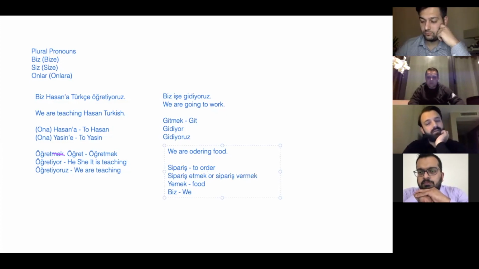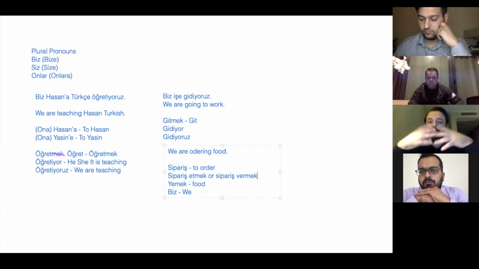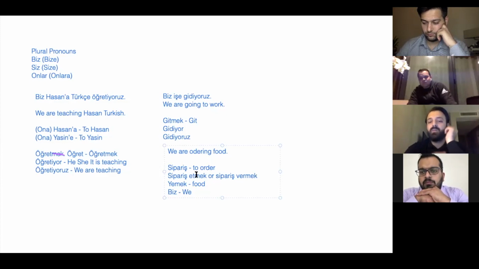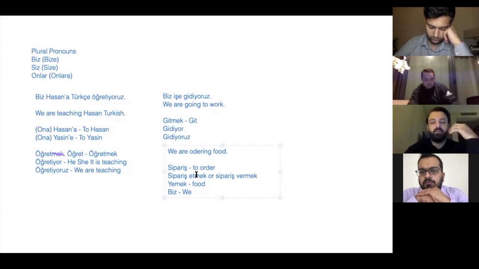There are some verbs in the Turkish language that don't necessarily have a root of their own, and etmek or vermek, yapmak might come at the end of it. So if you were to work around this, you need to keep this in consideration. Sipariş etmek, sipariş vermek. So the suffix would essentially come at the end of those.